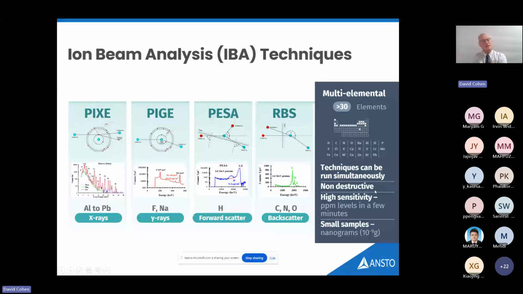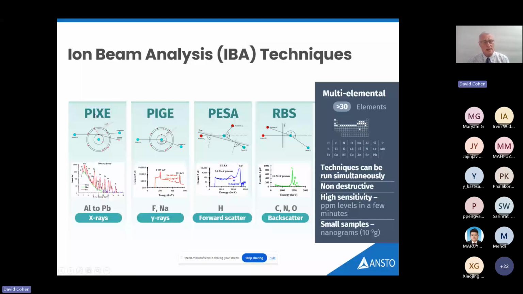Okay, so now let me tell you about the second technique, which is ion beam analysis techniques, IBA. Now, for ion beam analysis, there are 4 basic techniques that are generally used. There are others, but I'm going to talk about 4 today. The first one is PIXE, particle-induced X-ray emission.